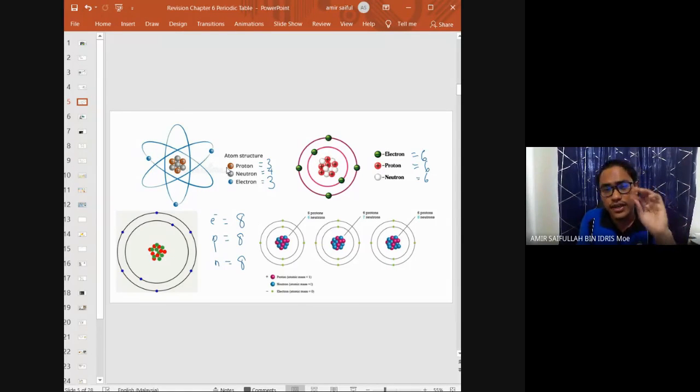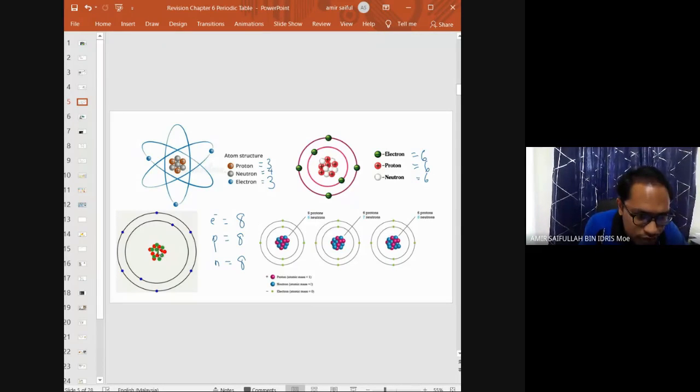Okay. Remember, in every atom, the number of protons is always equal to the number of electrons. You must remember that. If you don't know which one is proton and which is neutron, count the electrons first. Let's say you count 8 electrons, then you start to count the others.